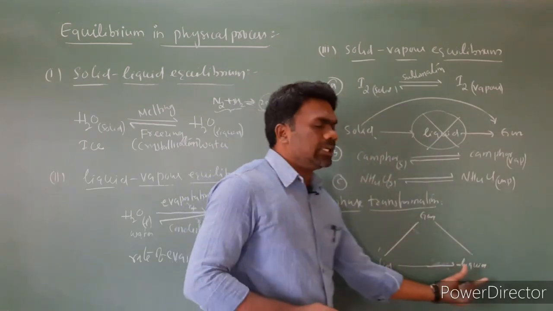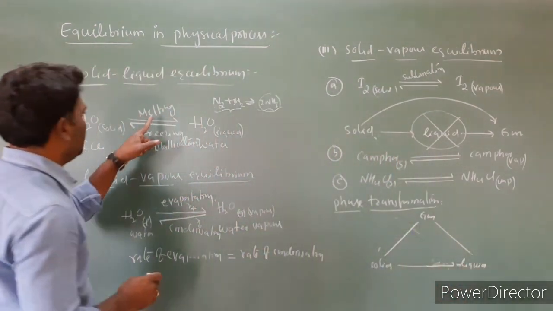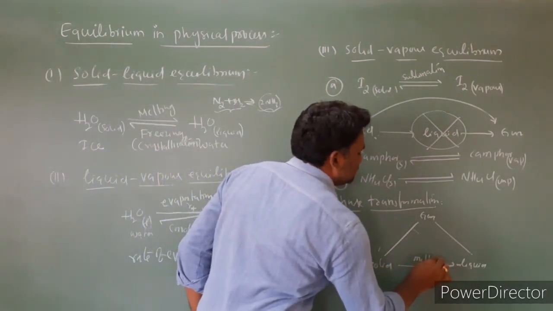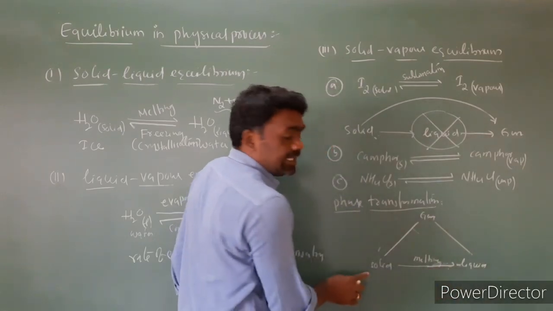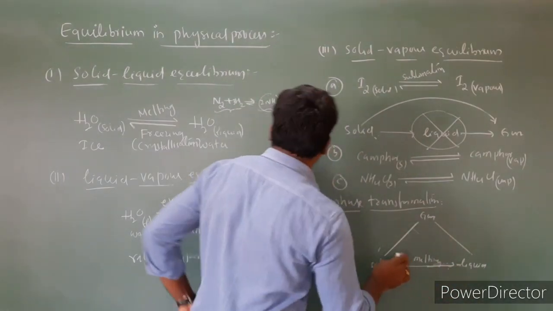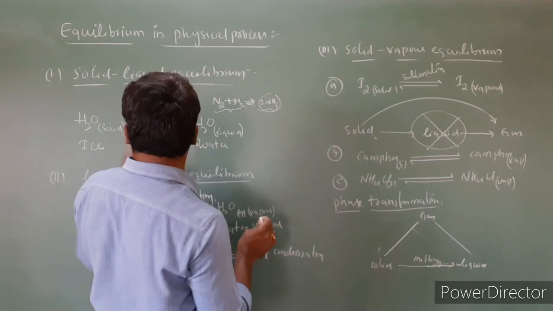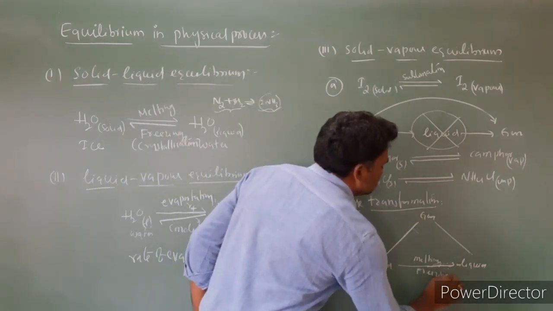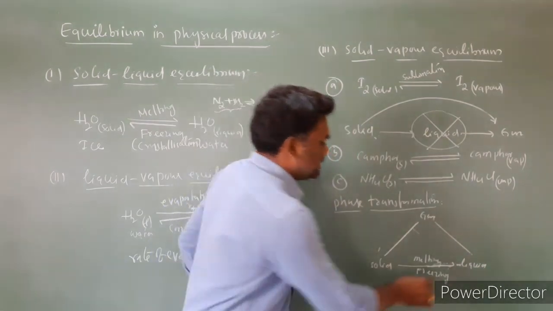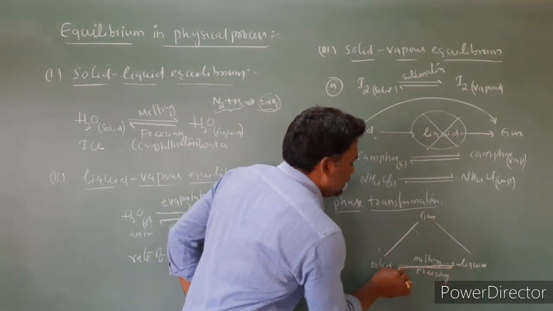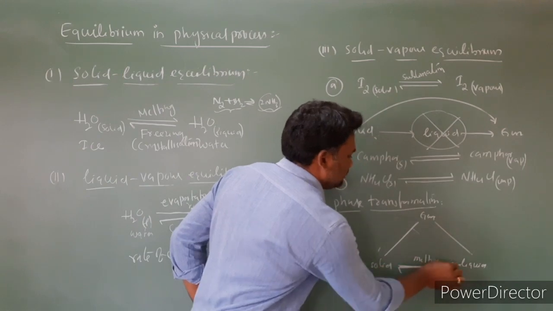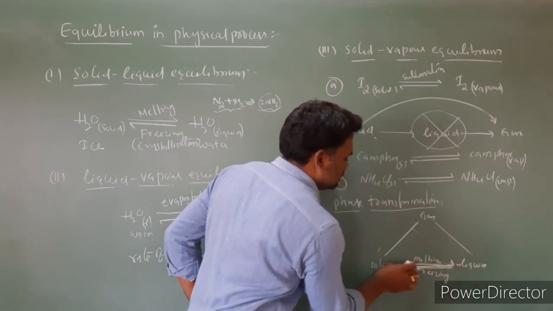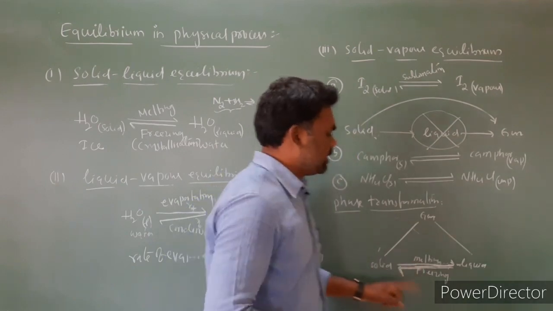Solid converting into liquid state, what do we call it? Melting. Liquid converting into solid is freezing or crystallization. This is the backward direction. One is forward, another one is backward.